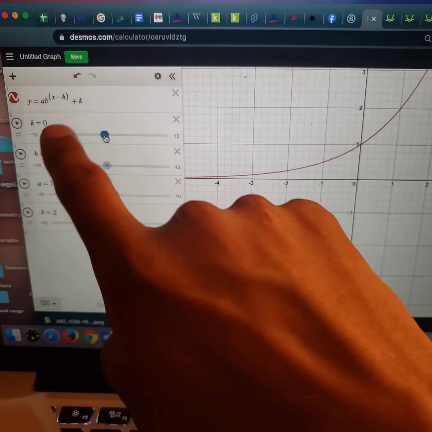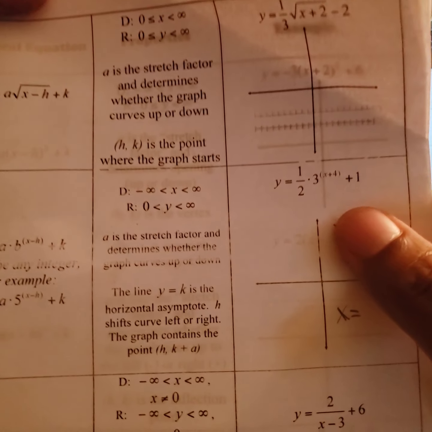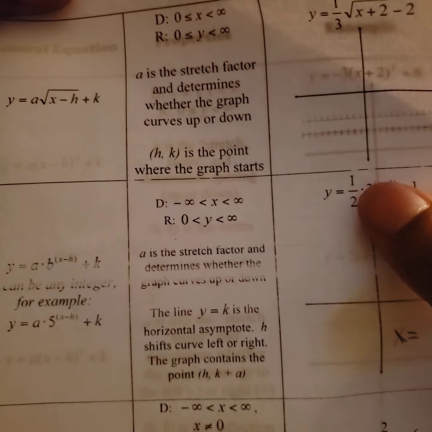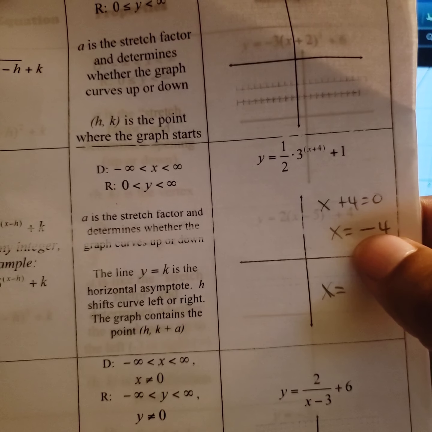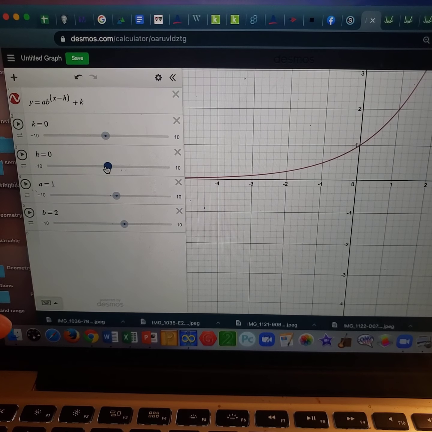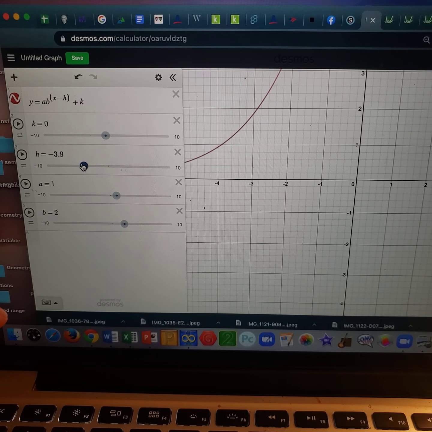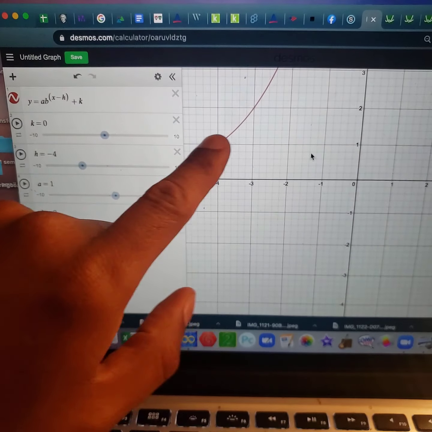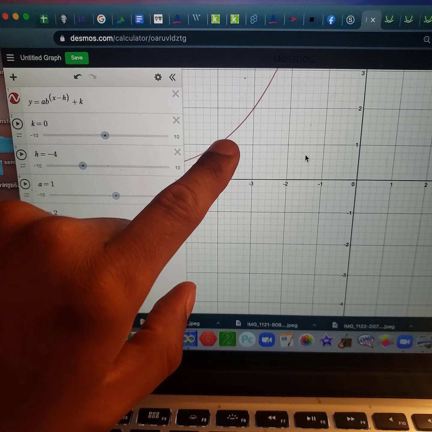So for my h here, what I like to do is set that equal to 0. And so for h, it's going to be -4. So what do you think is going to happen if I make this -4? See, it shifts it all the way over here, right there to -4.